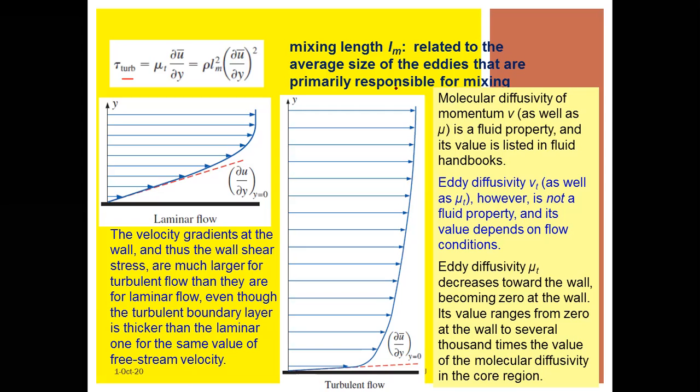for mixing, right? So if you see the graph here, the velocity gradients at the wall of the pipe, and thus the wall shear stress, are much larger for turbulent flow than laminar flow, even though the turbulent boundary layer is thicker than the laminar one for the same free-stream velocity.